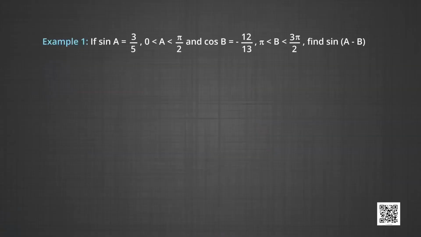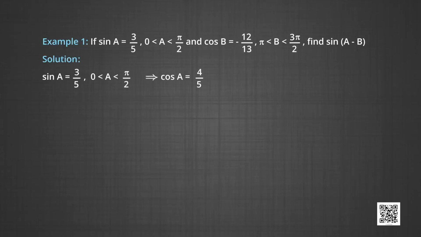Example 1: if sin A is 3 by 5 and A lies between 0 and pi by 2, and cos B is minus 12 by 13, where B lies between pi and 3 pi by 2, we will find the value of sin A minus B. Sin A is 3 by 5 and A lies between 0 and pi by 2, that is in the first quadrant.